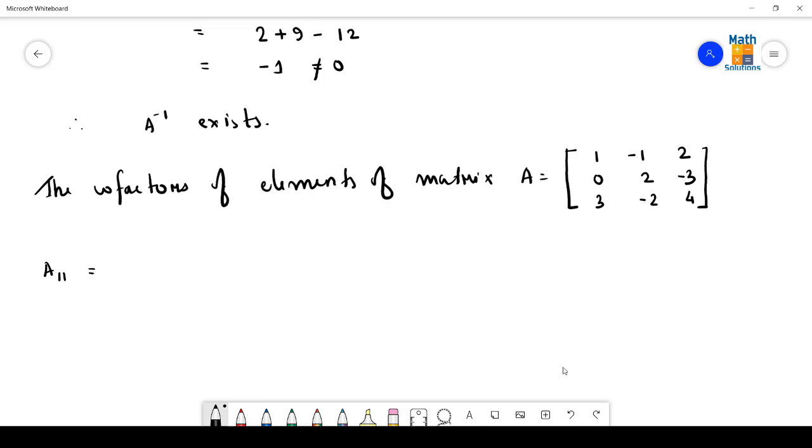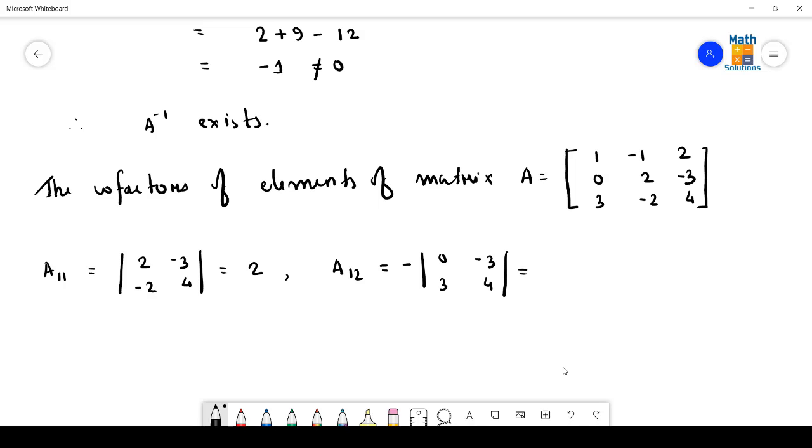Here in this case it will be like the previous sum, only we have to do here. So it is 2, minus 3, minus 2, 4. The result comes as 8 minus 6, which is 2. Then A12 comes as negative of 0, minus 3, then 3, 4, determinant of these 4 elements.